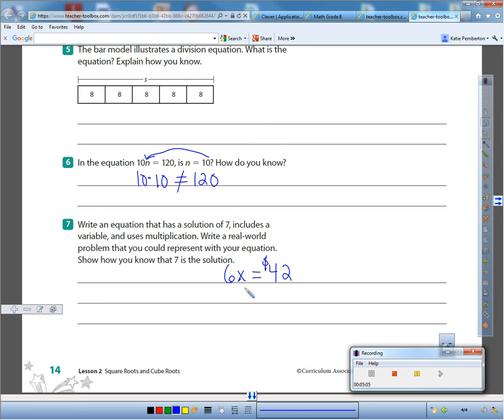So each ticket would have to be $7 then. So if I solve for this, I would have to divide by 6, and each movie ticket would be $7 then. So there's one example. You can come up with your own, where 7 is the solution, dealing with something real world, like buying movies.